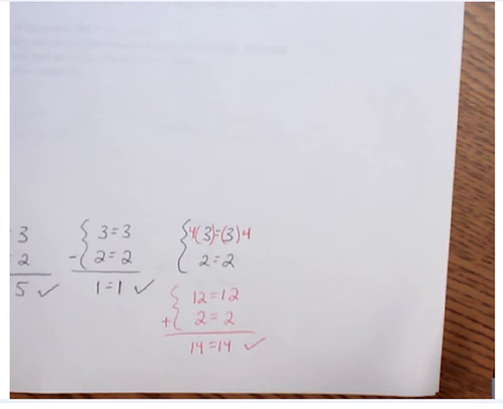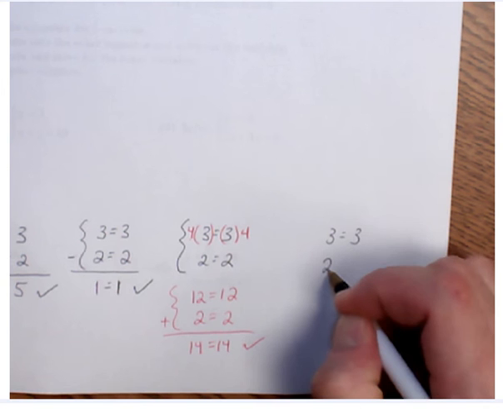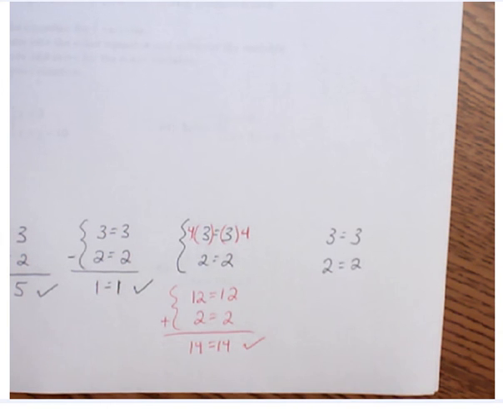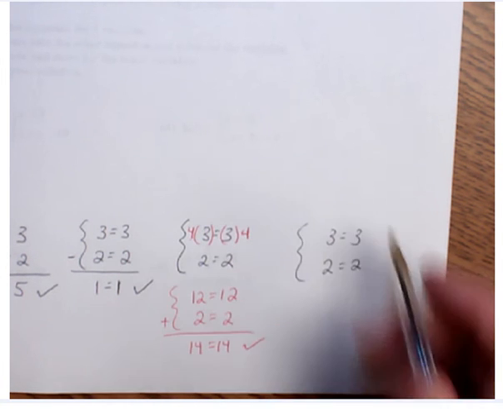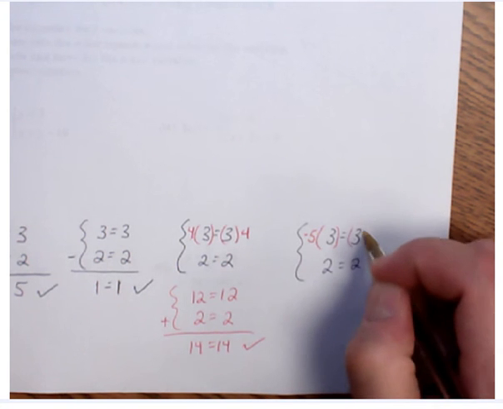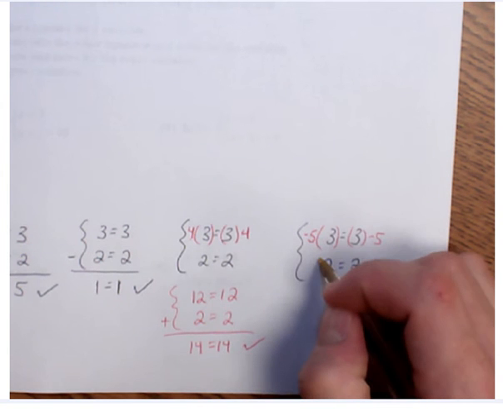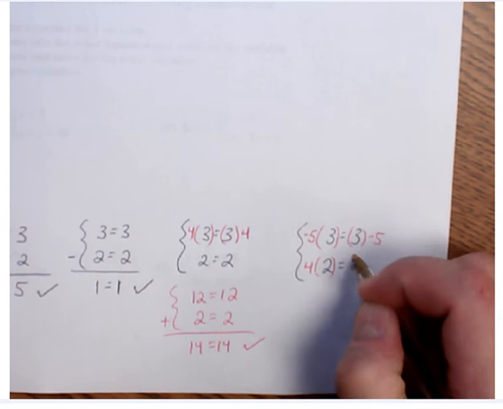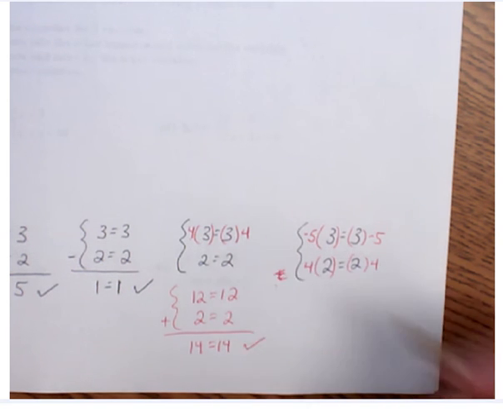Let me show you one more example here. Let's say, again, 3 equals 3, and 2 is equal to 2. Let's multiply both equations. Let's take the top equation and multiply by -5. And let's take the bottom equation and multiply by, let's say, +4. Well, we're not going to add yet.